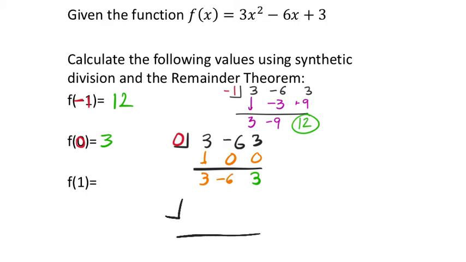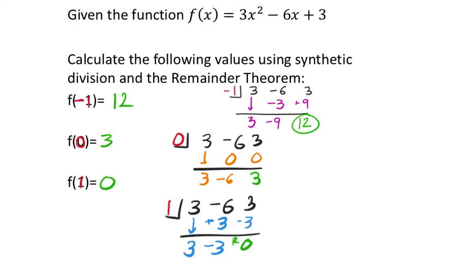Finally, in this one, we have a c value that's 1. There's the 1. Same coefficients of 3, -6, and 3, but new calculations. So we'll drop the 3. 3 times 1 is 3. -6 plus 3 is -3. -3 times 1 is -3. Okay, I didn't expect that, but the remainder here is 0.